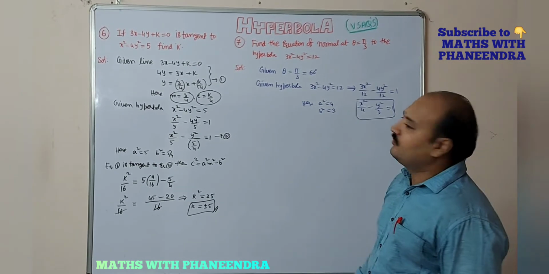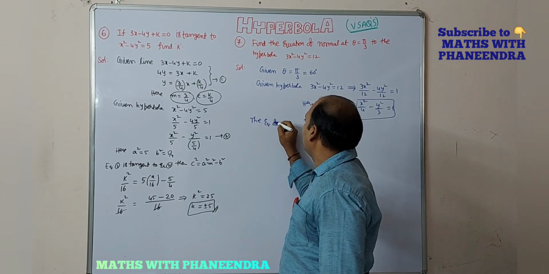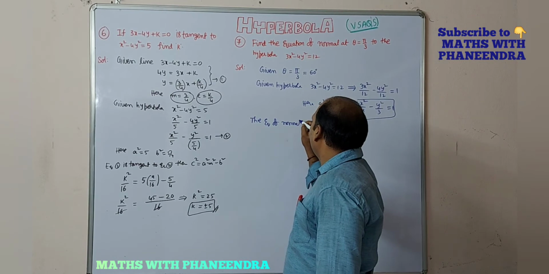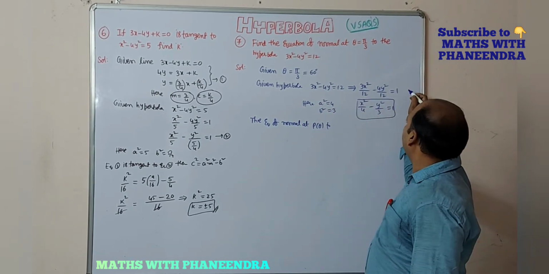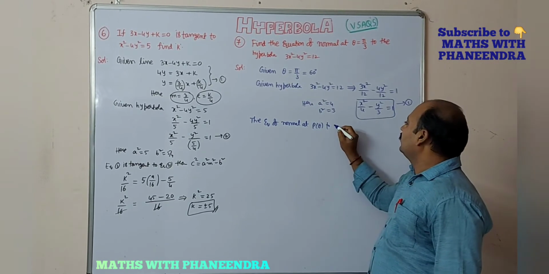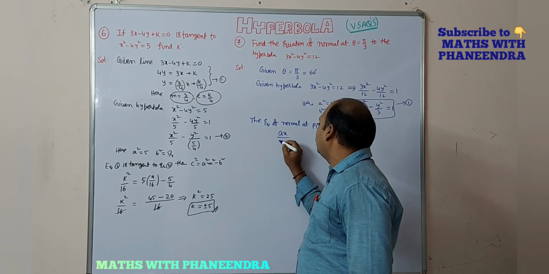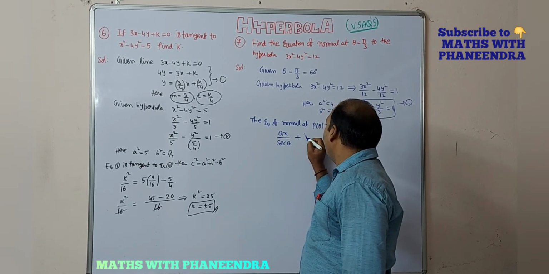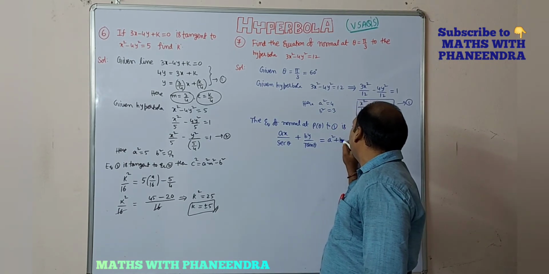After that, the equation of normal at P of theta to the hyperbola, equation 1, is ax by secant theta plus by by tan theta is equal to a square plus b square.